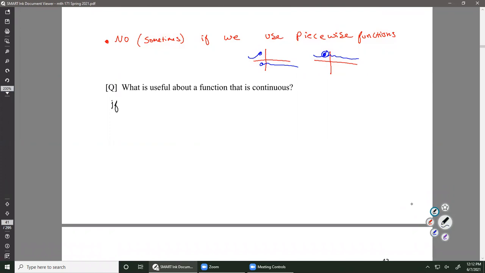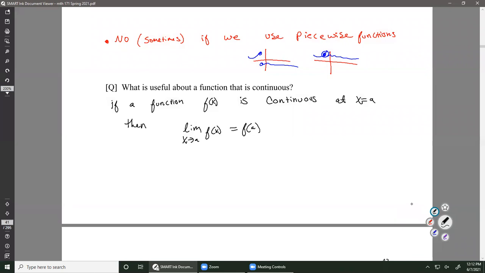If a function f of x is continuous at x equals a, then what's true is that the limit as x approaches a of f of x is equal to f of a. Okay, so I just wrote a bunch of math goop.